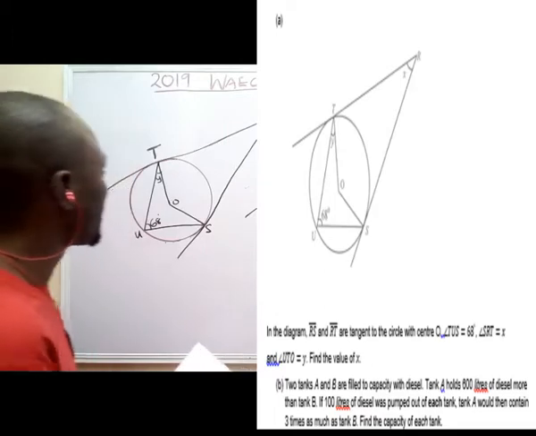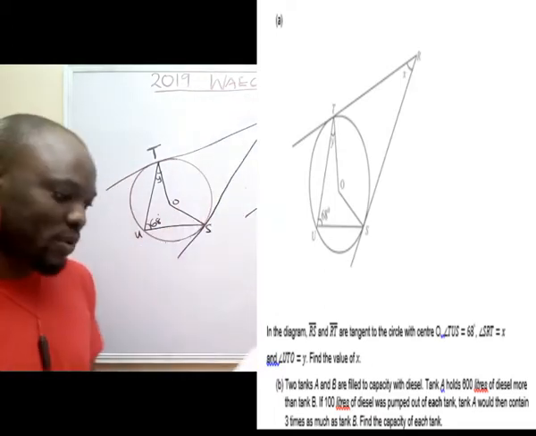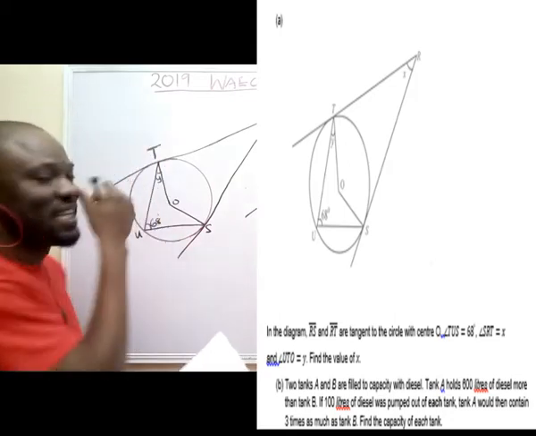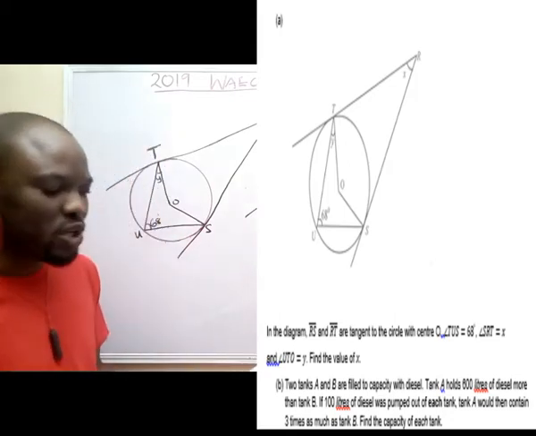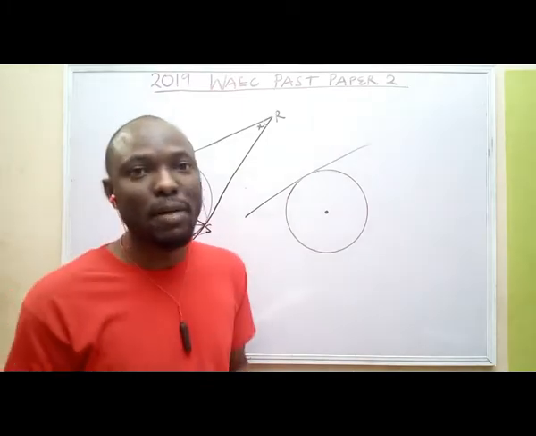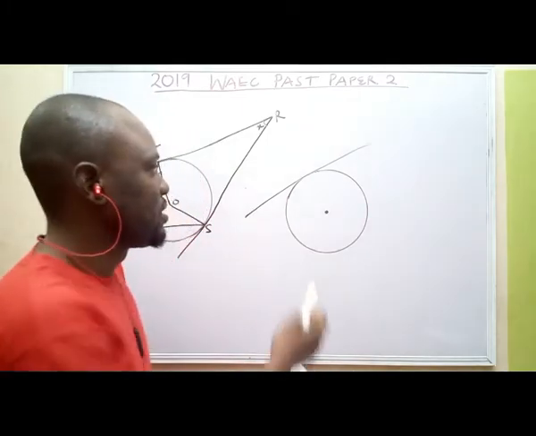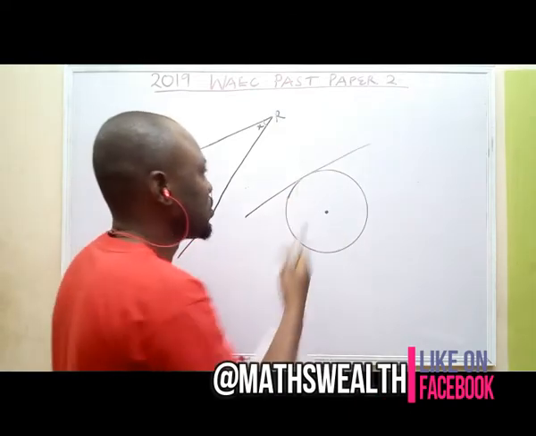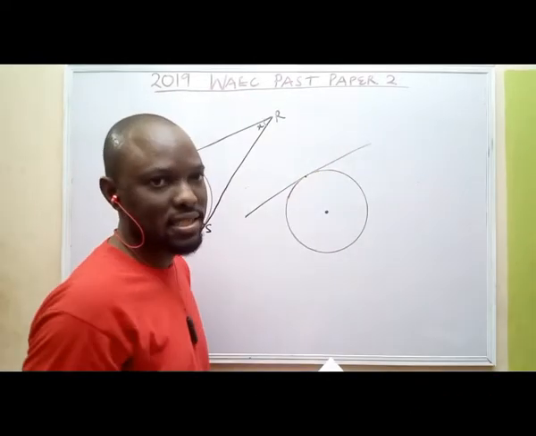In this problem we have X and Y. The question says we should look for the value of X, but I'm going to find the value of Y as well. What you need to understand about a tangent is that this line touches the circle at a point of contact.